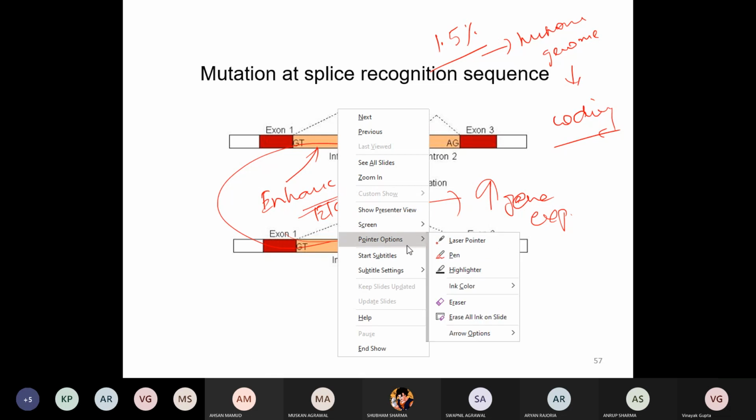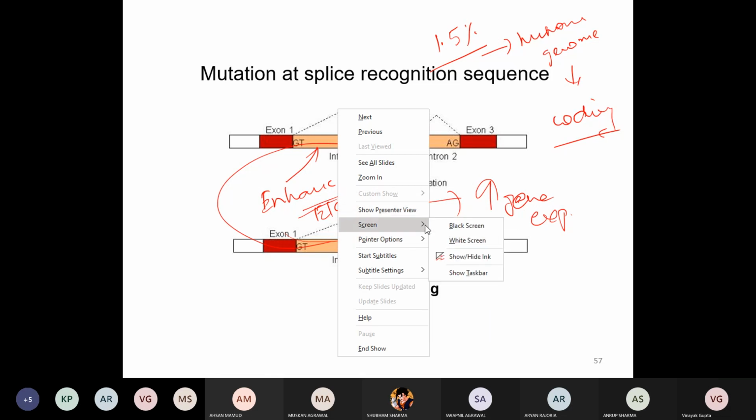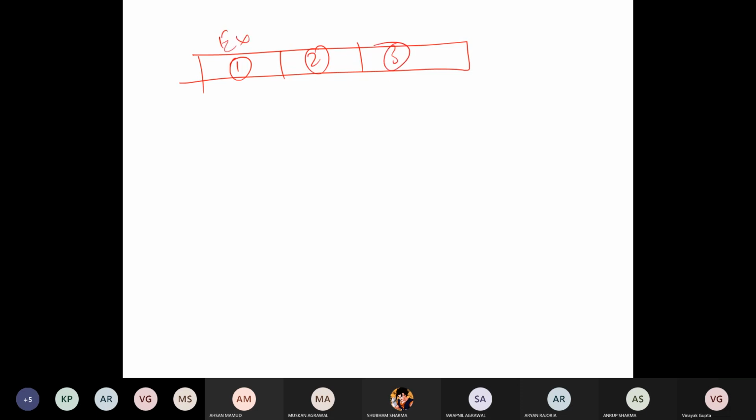Let me explain. Let me have a screen. Let's say here there should be 3 exons. What are exons doing? They are the coding part. Exon means coding part, and what do we mean by coding part? That means they have codons.